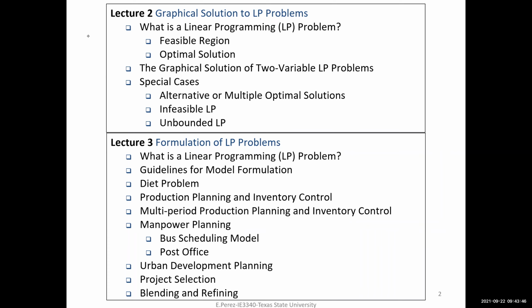That's an infeasible problem. An unbound problem is where you can find a solution, but the solution keeps growing as you move toward the direction of improvement. So there's no bounds. So the optimal solution will be in infinity. So that's an unbound solution.